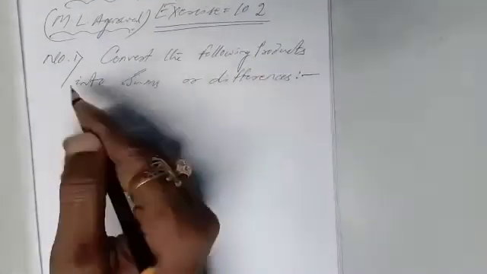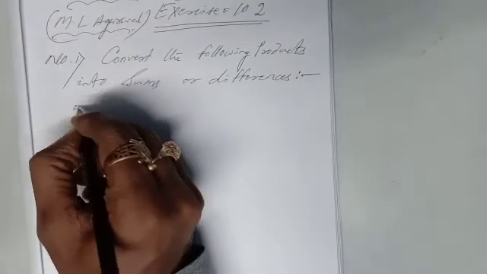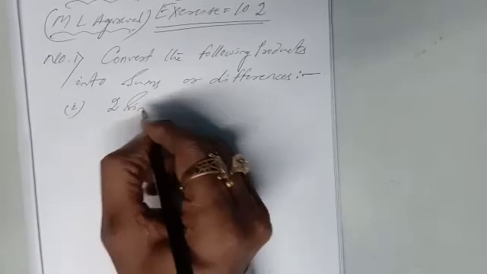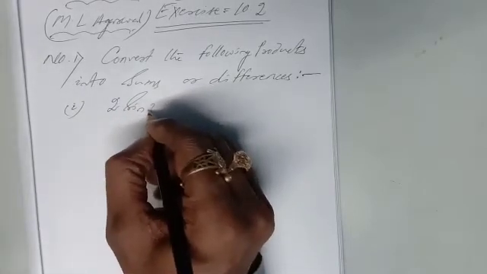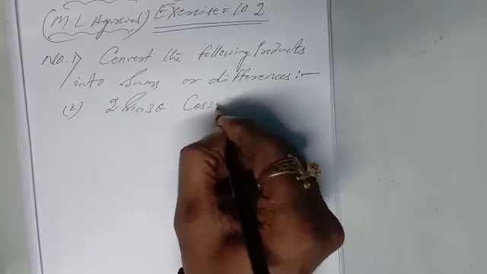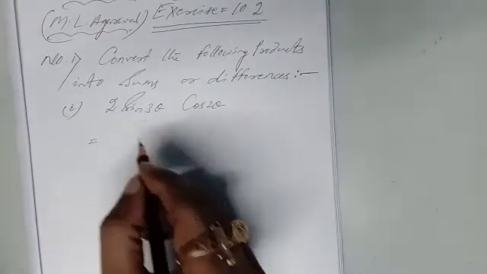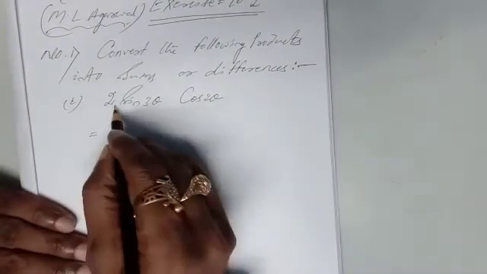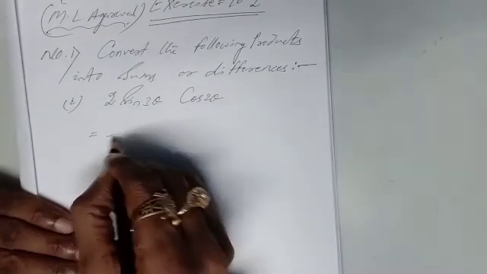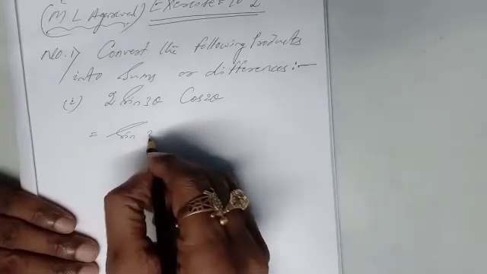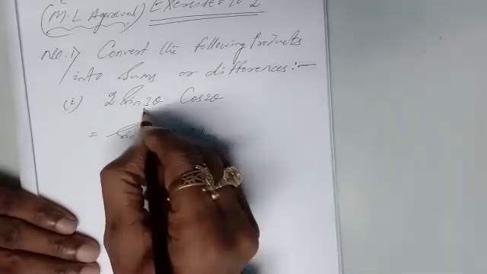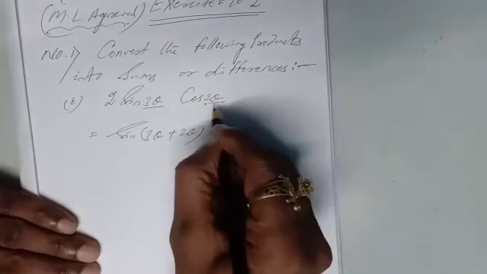First part I have to write. First part is given 2 sin 3 theta into cos 2 theta. That means here you have to apply the formula 2 sin A cos B, that is nothing but sin(A plus B) plus sin(A minus B), where A means 3 theta and B means 2 theta.